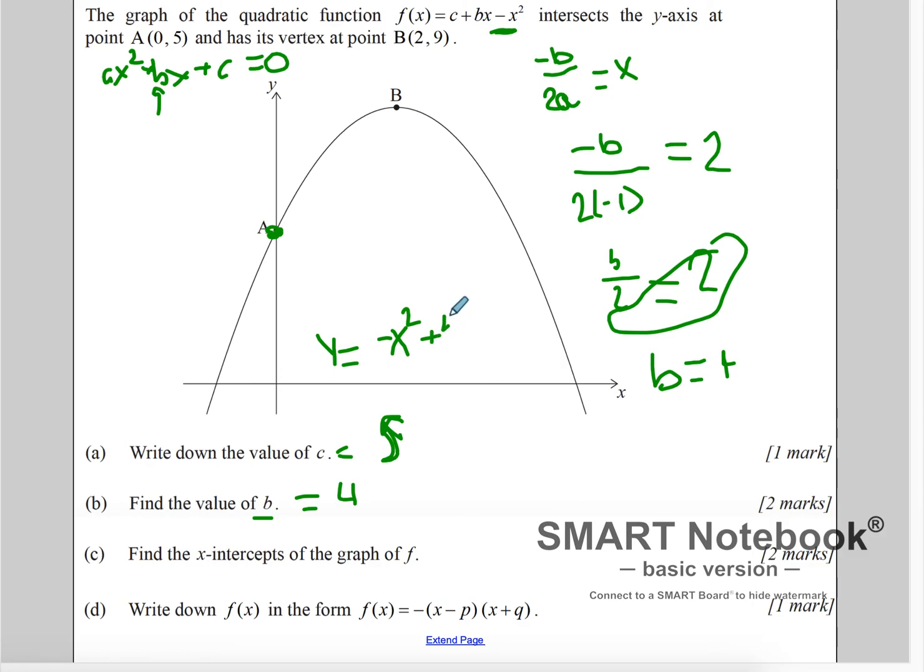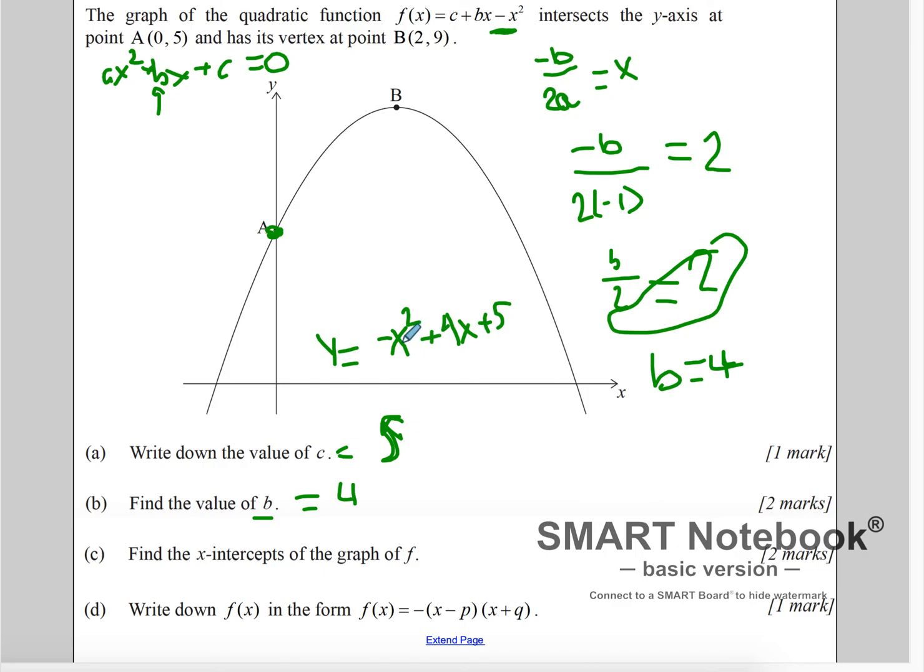It's 4, because I solved it over here, right? And then I know what my c value is. It's plus 5. So now I just have to find factors, right, that multiply to 5 and add to 4.